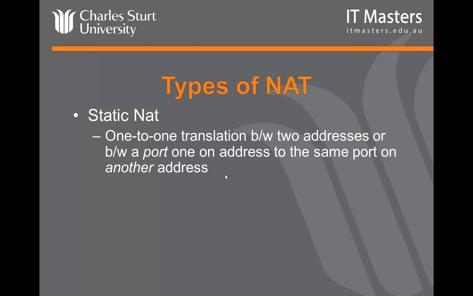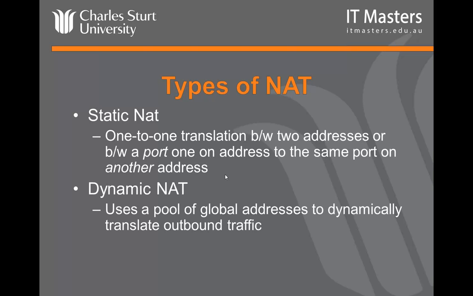It's a statically defined NAT: this address on the outside that we present goes to this address on the inside. So pretty straightforward. Dynamic NAT uses a pool of global addresses to dynamically translate outbound traffic. And we'll have a look at each of these in more depth in a minute.